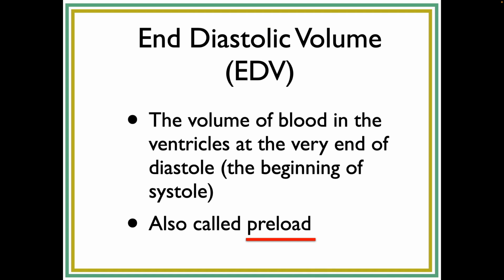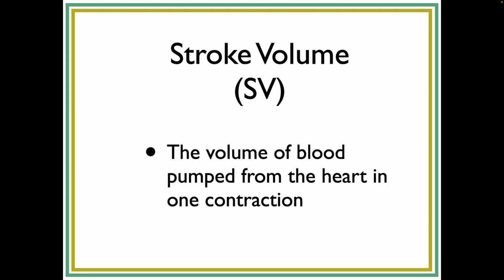Okay, and then Anne, remind us, what is stroke volume, please? The amount of blood the heart pumps in one pump. Perfect. Now, let me ask you something. We know that the preload is the amount of blood at the end of diastole.